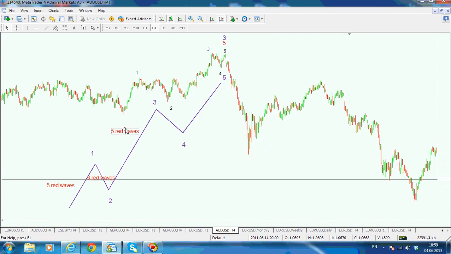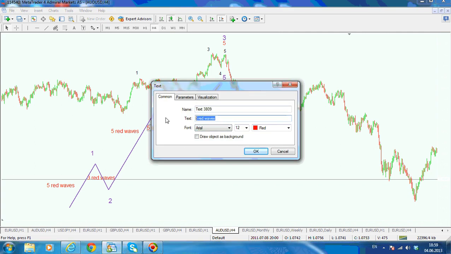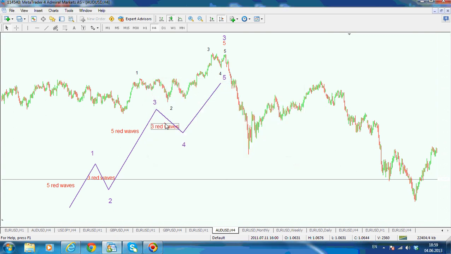The third wave to the upside should be made out of another different 5 red waves. This should again be made of another different 3 red waves. Now it depends very much. If this is a contracting triangle, typical contracting triangles, they will have something like 5 waves, but they are in the form of 3s, and this is why it is being called 3 waves.